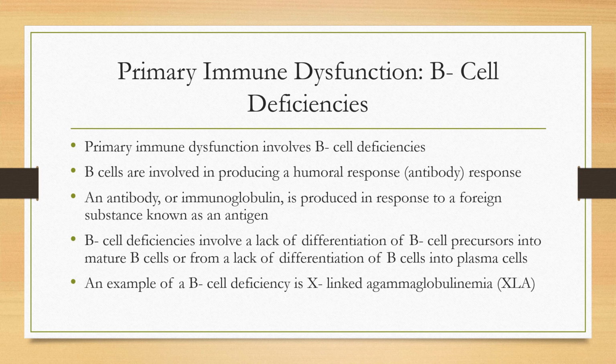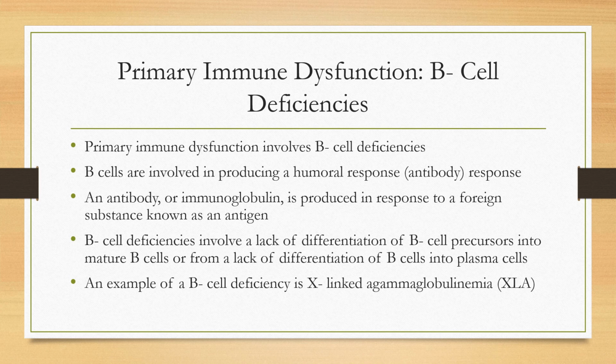So B cell deficiencies will involve a lack of differentiation of B cell precursors into mature B cells, or a lack of differentiation of B cells into plasma cells.